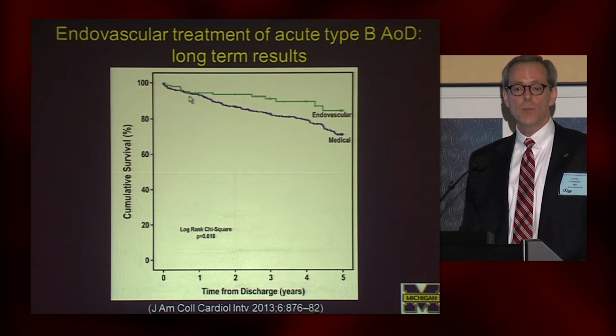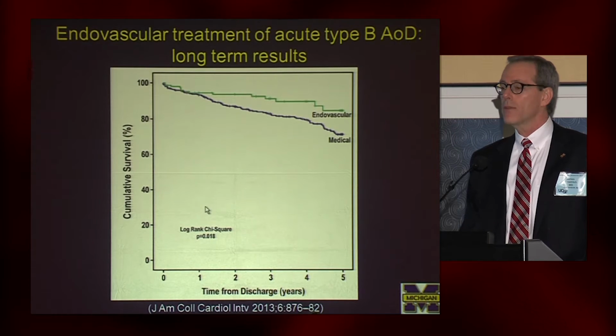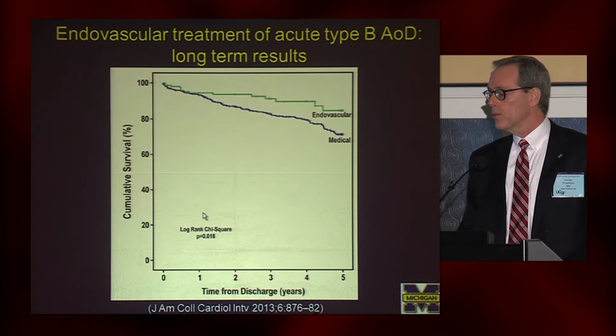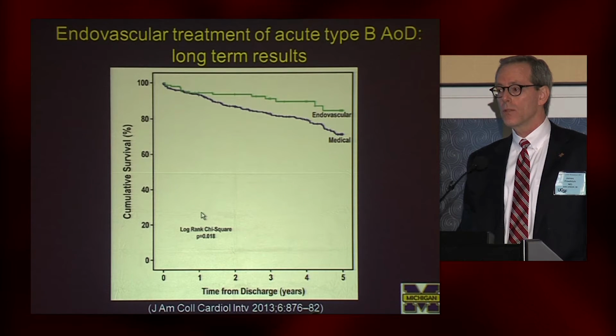Obviously, these are not randomized, they're selected, but interestingly, over time, there appeared to be a significant survival benefit to having had an endovascular treatment for your acute type B. And I think that'll lead into some comments later in this session by others.